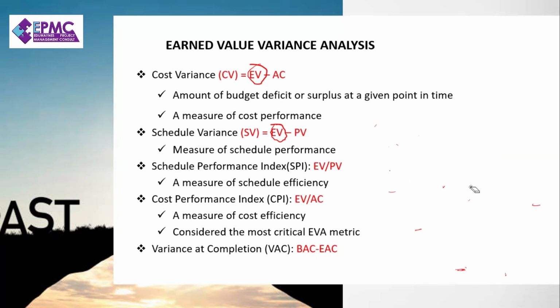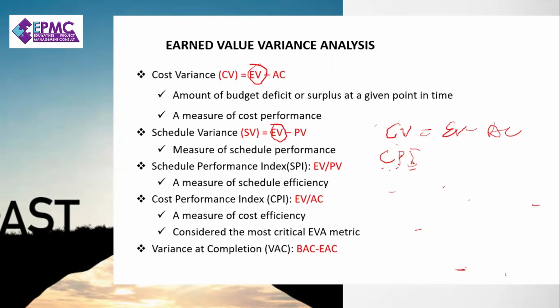Now, if I come to index, index is like a ratio. Okay, so I shouldn't have a problem if I know how to work out the CV, have the formula coming out of the CPI, which is cost performance index, telling us about your level of efficiency when it comes to your cost performance. Are you being more efficient when it comes to cost performance? Efficiency is more about time, it's more about cost.